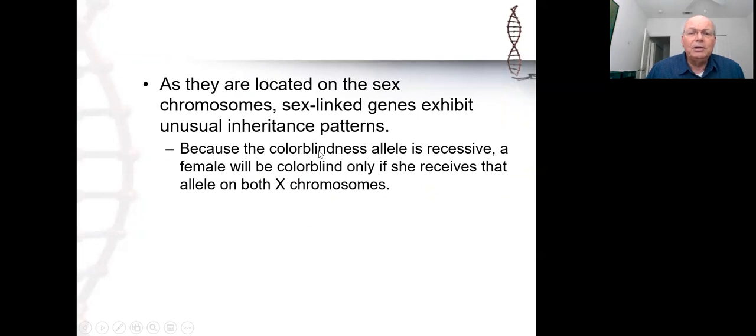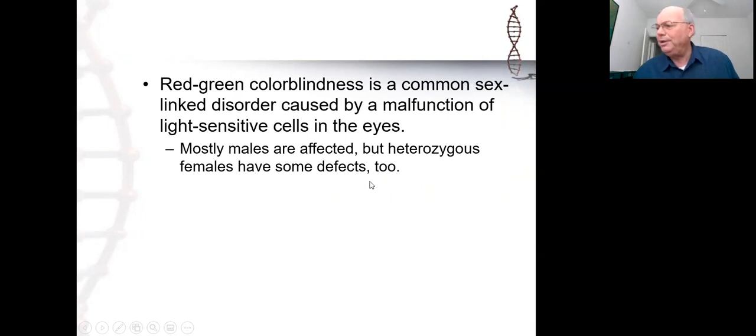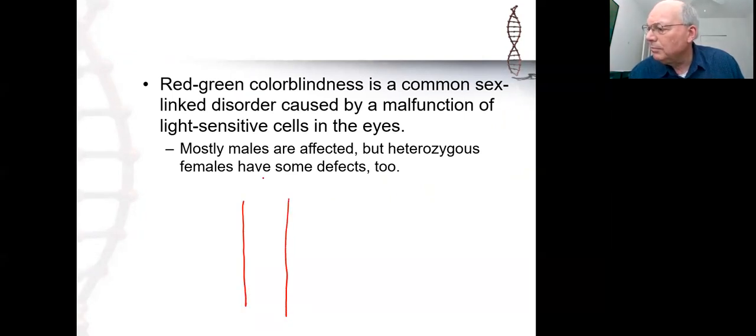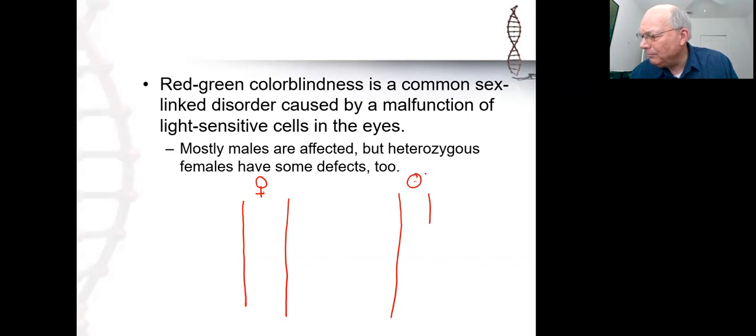So if we take a look, and I've jumped over some slides, I know. Well, let me just draw the diagram in here. So if we have a look at the situation for a female, and if you're not familiar with this symbol, you ought to be. That's the symbol for female. And this is the symbol for male. So this is the 2 X chromosomes for the female.